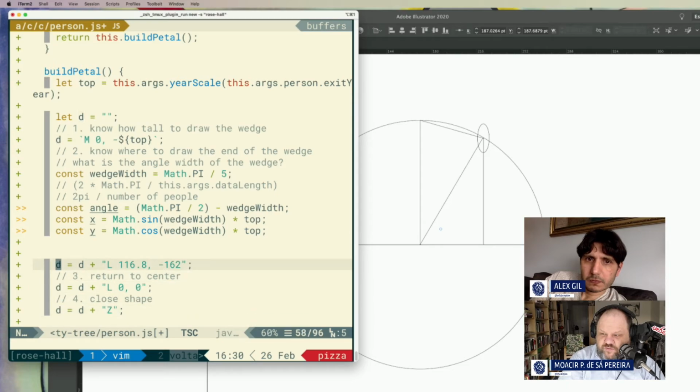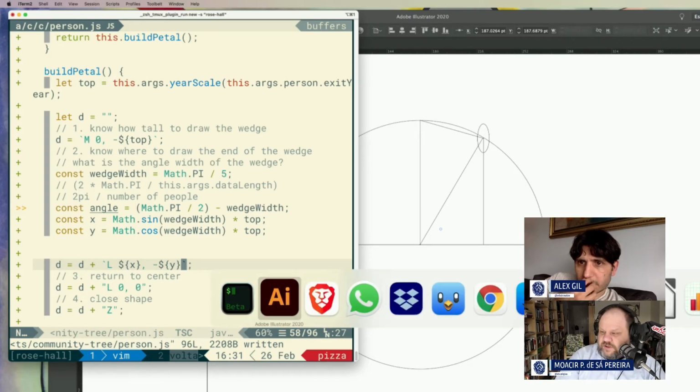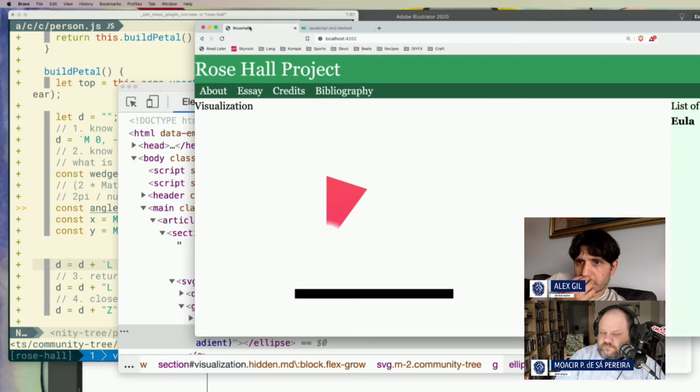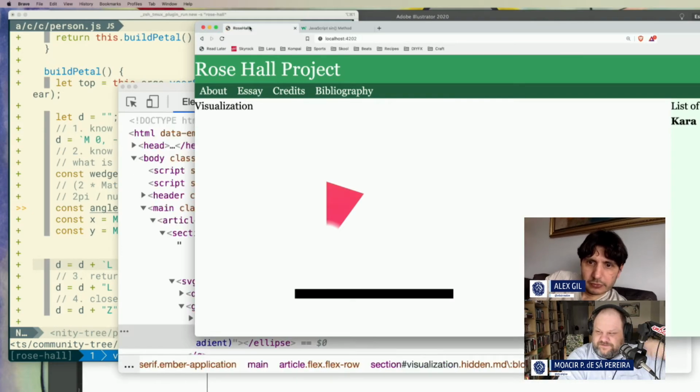And so now we should be able to do x and y. That should work. Math! Good job.